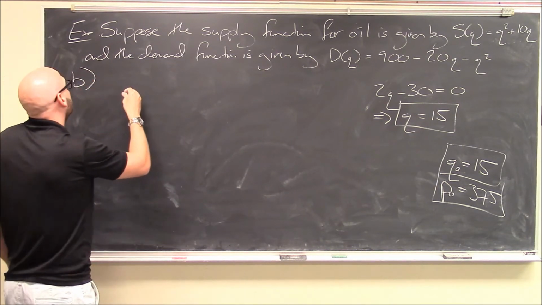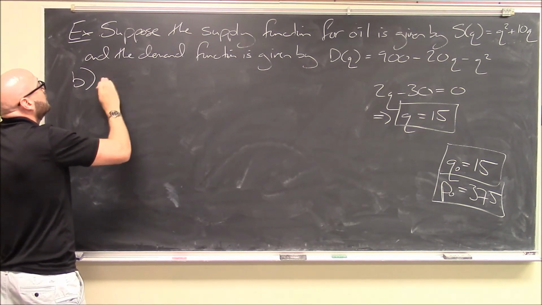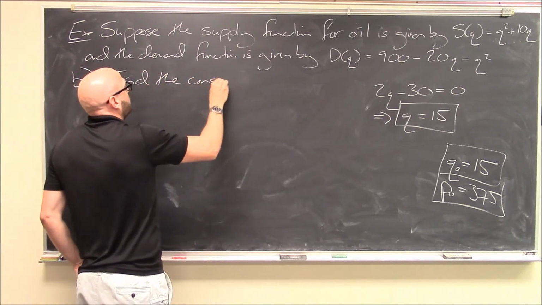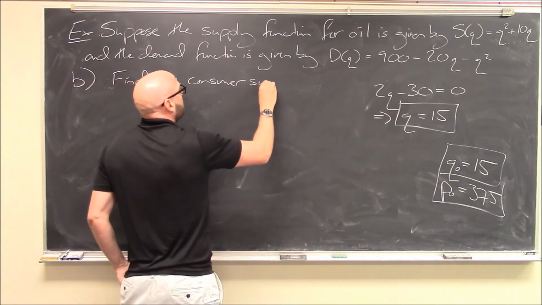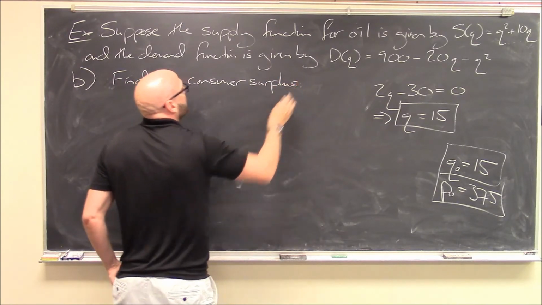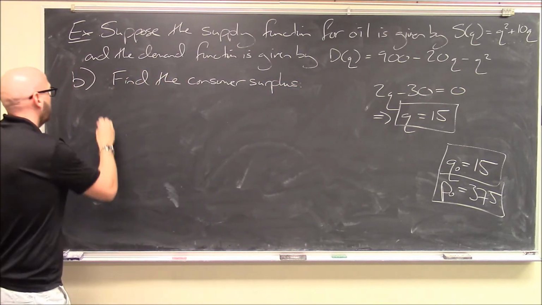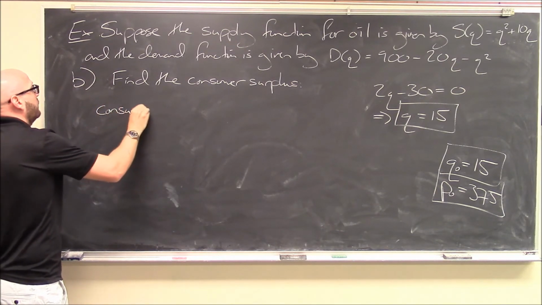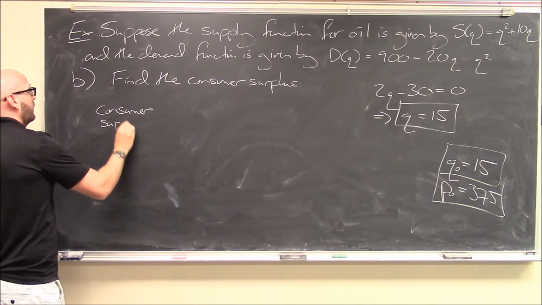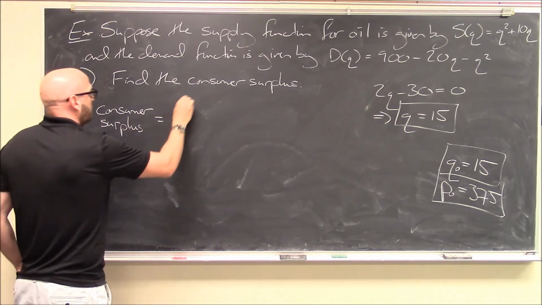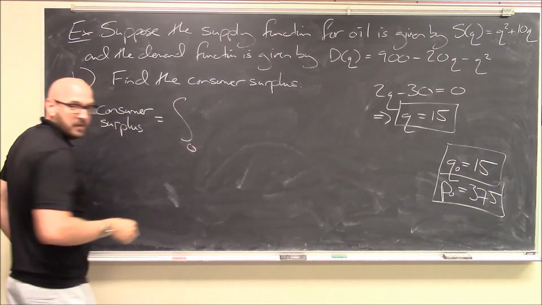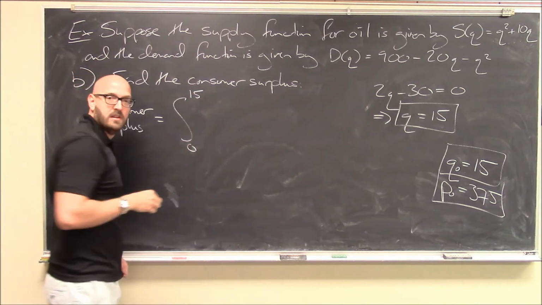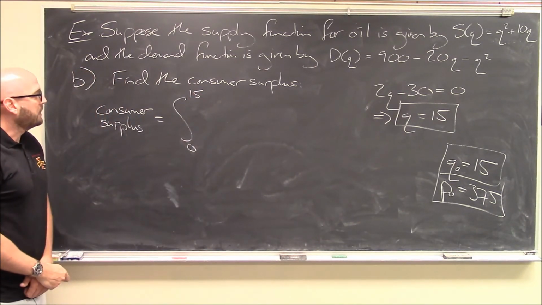Next up, B will be find the consumer surplus. So consumer surplus is going to equal the integral from 0 to the equilibrium demand, 15, of what?